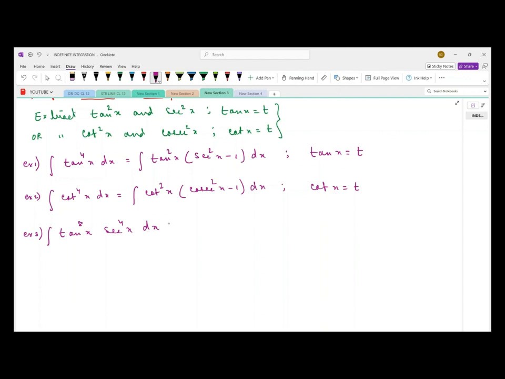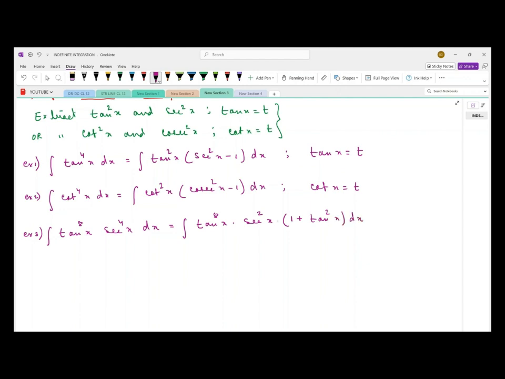So we just rewrite it like this: tan 8x, and then sec 4x is split into sec square x into another sec square x, and for another sec square x we write 1 plus tan square x dx.